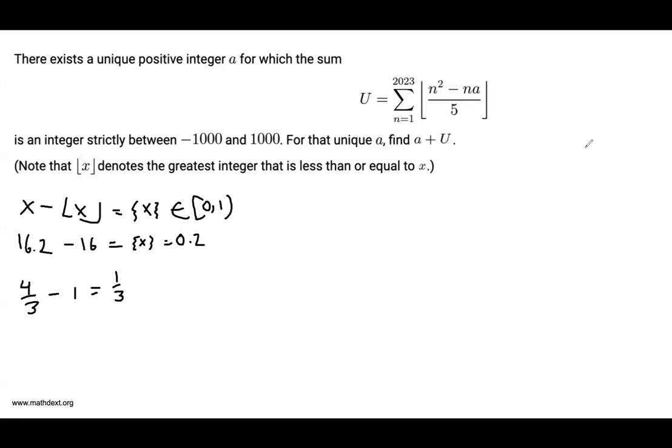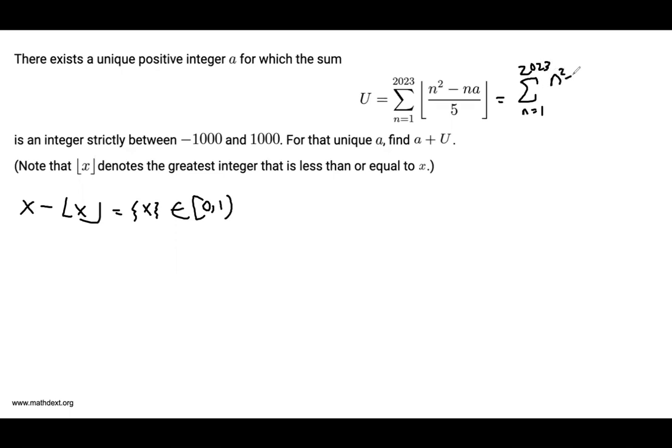You can see that this has the potential to be very useful, because we can rewrite this big sum as the sum from n equals 1 to 2023 of the quantity (n squared minus na) over 5 minus the fractional part of (n squared minus na) over 5.